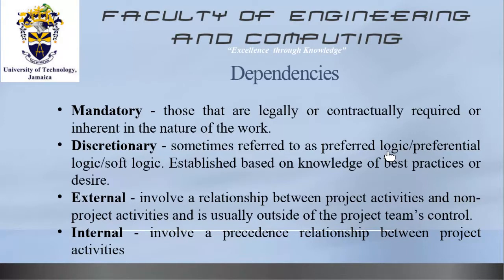These are established based on knowledge of best practices or desire. Then there is the external dependency, which involves a relationship between project activities and non-project activities, and is usually outside the project team's control. You don't control them. Then there are the internal dependencies that involve a precedence relationship between project activities.